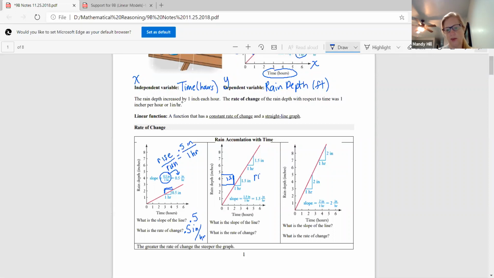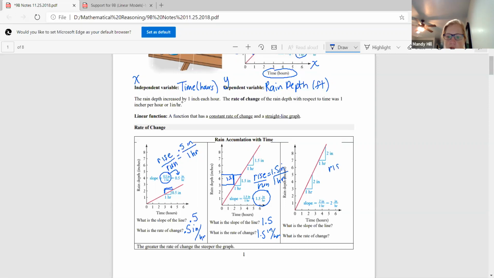So our rise would be 1.5, and that's in inches. Our run would be how much we go over, and it's 1 hour. They've divided 1.5 by 1 and got 1.5 inches per hour. So the slope of the line is 1.5. The rate of change is 1.5 inches per hour.